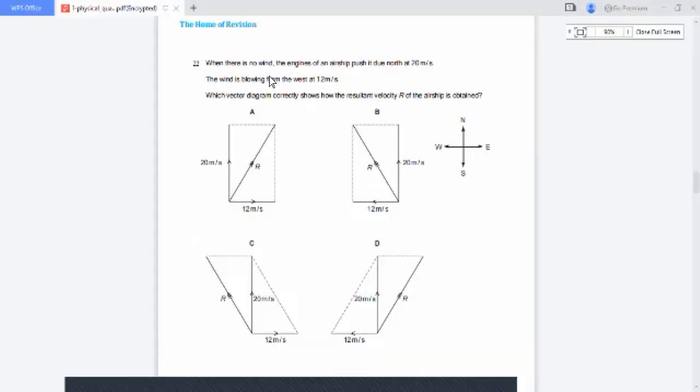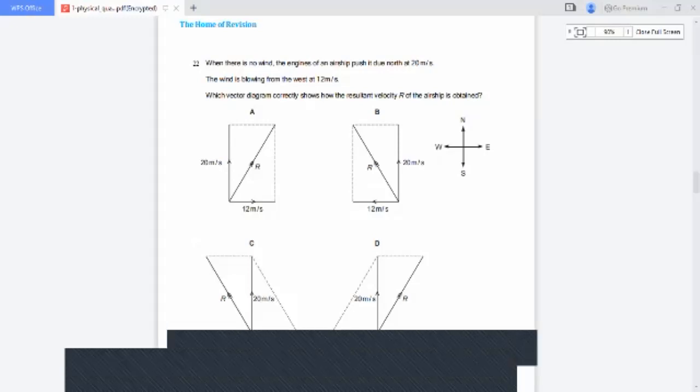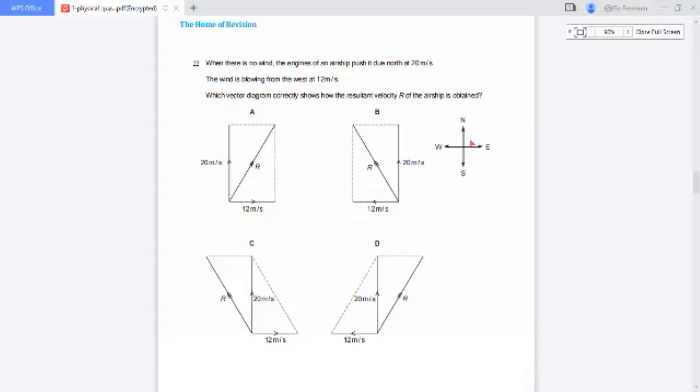So in 22 it says that when there is no wind, the original engine of the airship pushes it due north at 20 meters per second. North is given here, the direction of north is mentioned, so we suppose it is going in this direction.